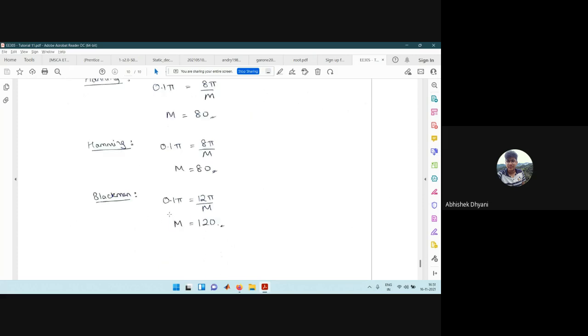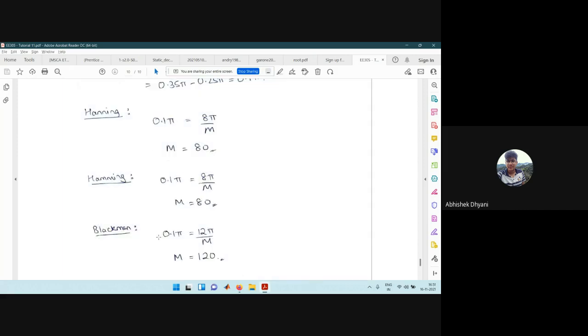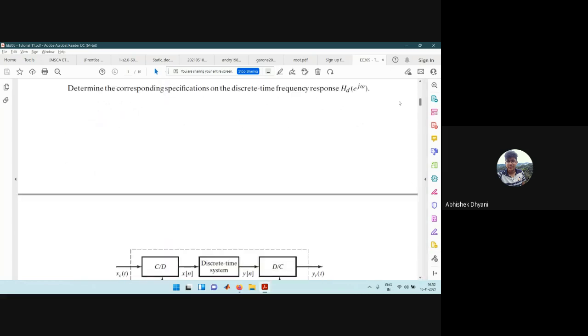For Blackman window, it comes out to be M equal to 120, which means that the length of the filters resulting when we use these three windows will be 81, 81, and 121 respectively. And that is how we have found out the suitable windows and the length of the resulting impulse response. And this was the last question. With this one, we reach the end of tutorial 11.